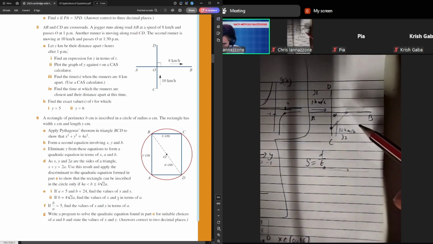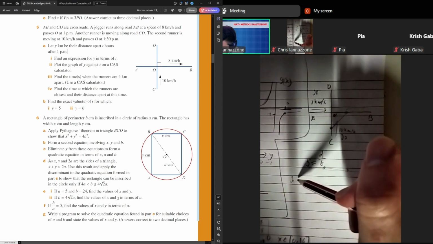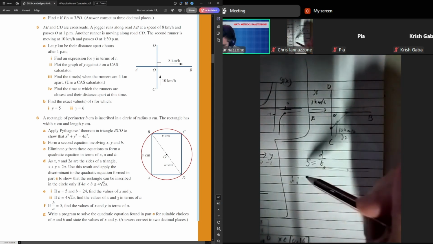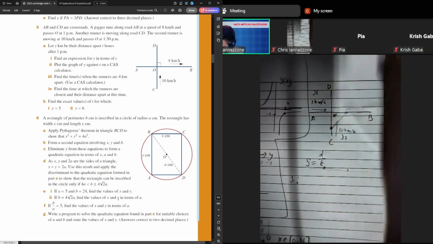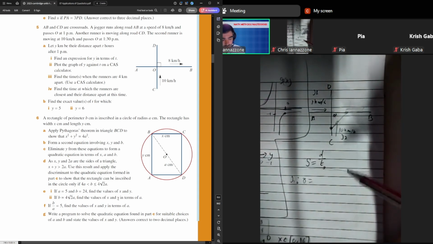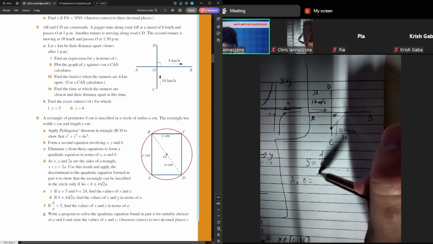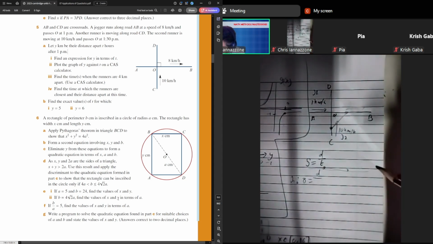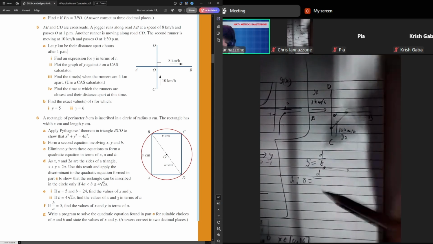If we think about each individual jogger, so J1, you've got a speed, which was 8 kilometers per hour. You've got a distance, which is the unknown. We don't know what was traveled. And we've got the time it took.